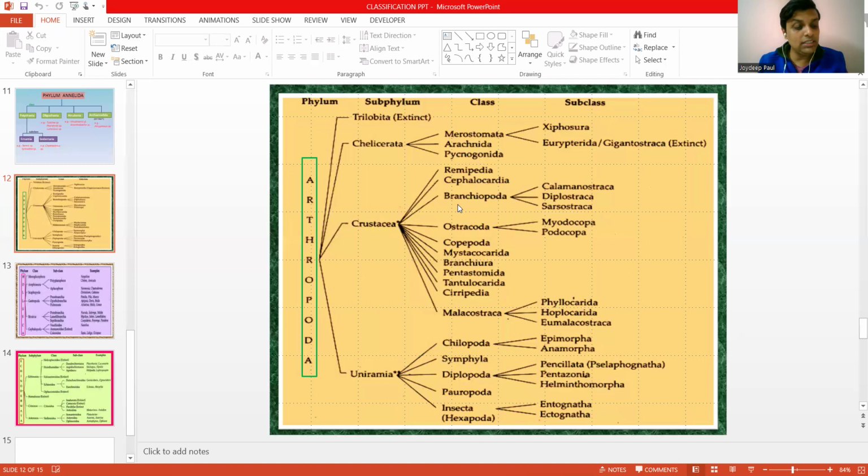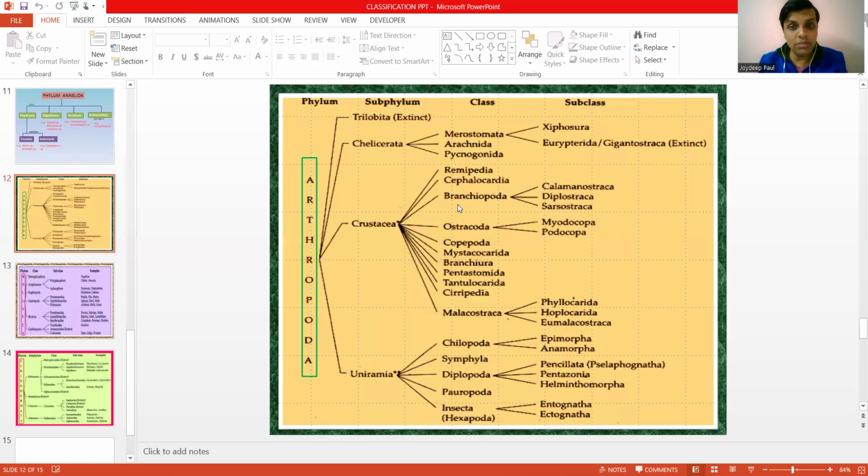Respiration through the gills or general body surface. Examples: Cancer or crab, and Palaemon or prawn. About 40,000 species are present in this subphylum, which can again be divided into 11 classes.